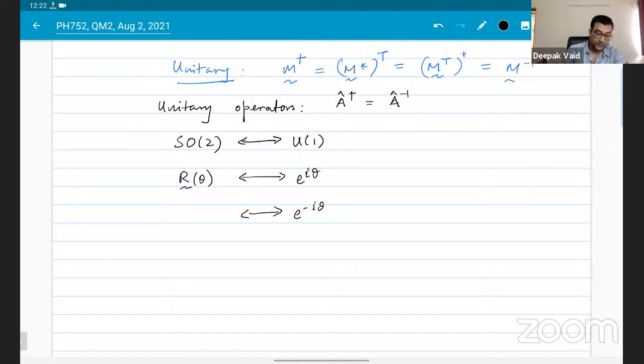And there's a one-to-one mapping between the inverse and also with the identity. So here the identity is just the number 1. Here the identity is a 2 by 2 matrix. Right? So these two are the same group, just with a different name. Okay.